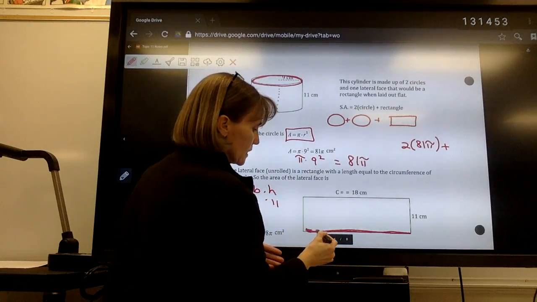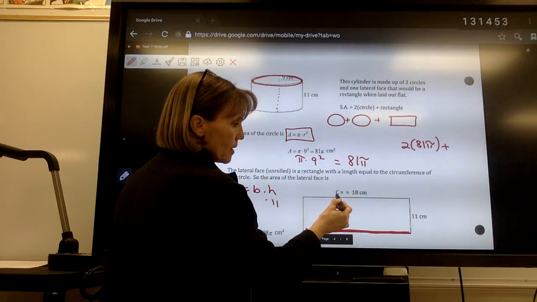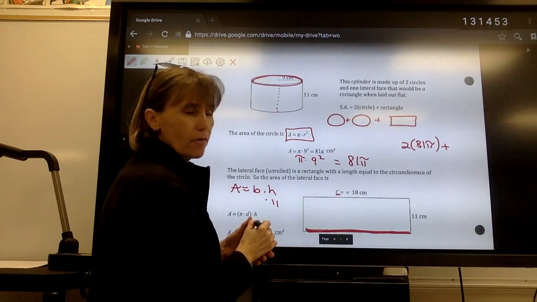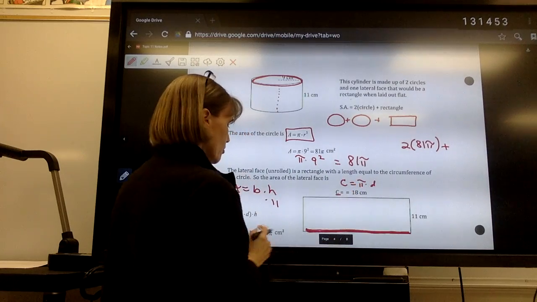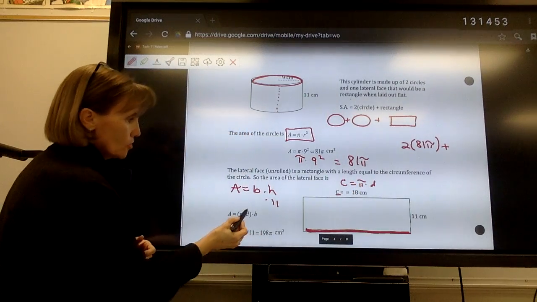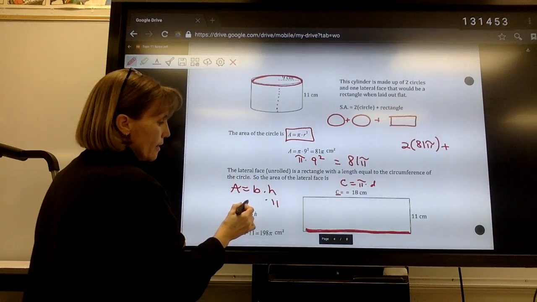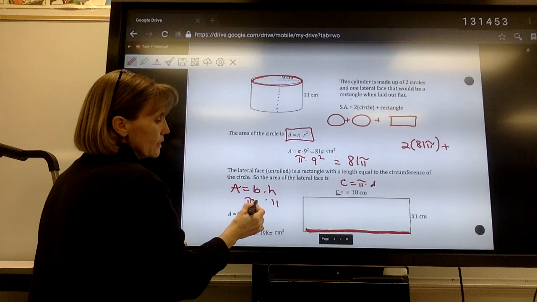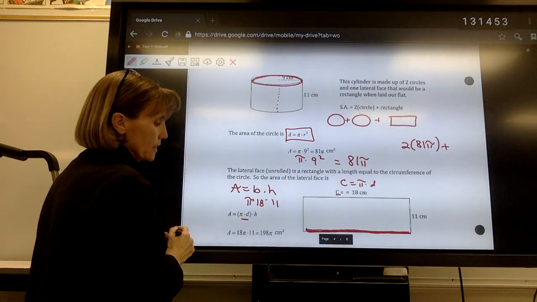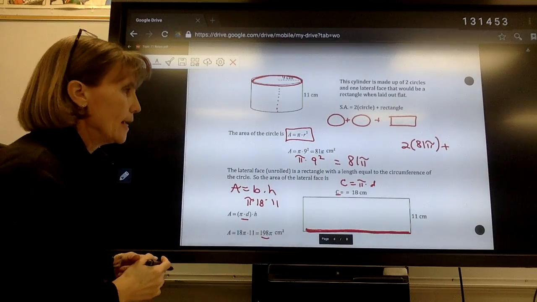So this base of my rectangle is going to be the same as the circumference of the circle. Circumference is equal to pi times diameter. So that's where the base here, they put in pi times diameter. If the radius is 9, the diameter is 18. So if you take 18 pi times 11, you get this 198 pi.